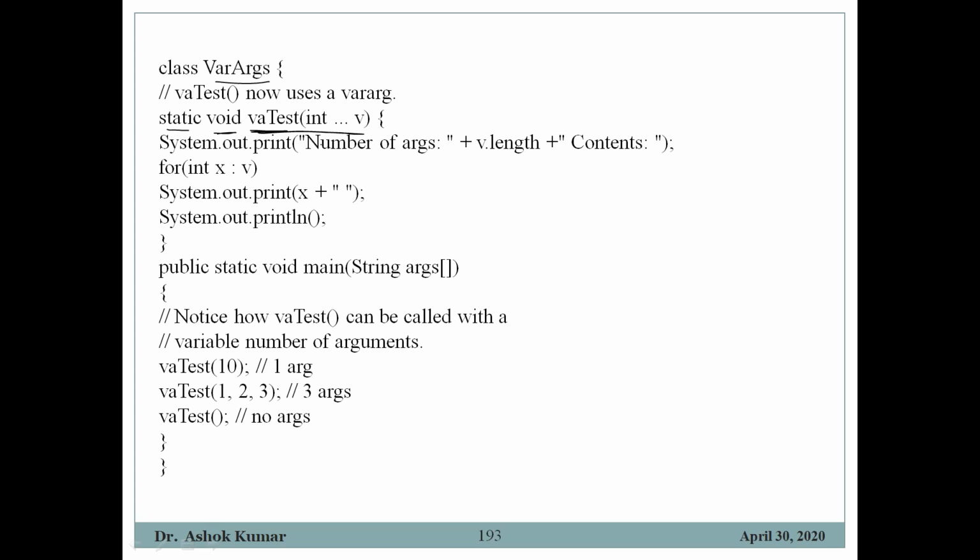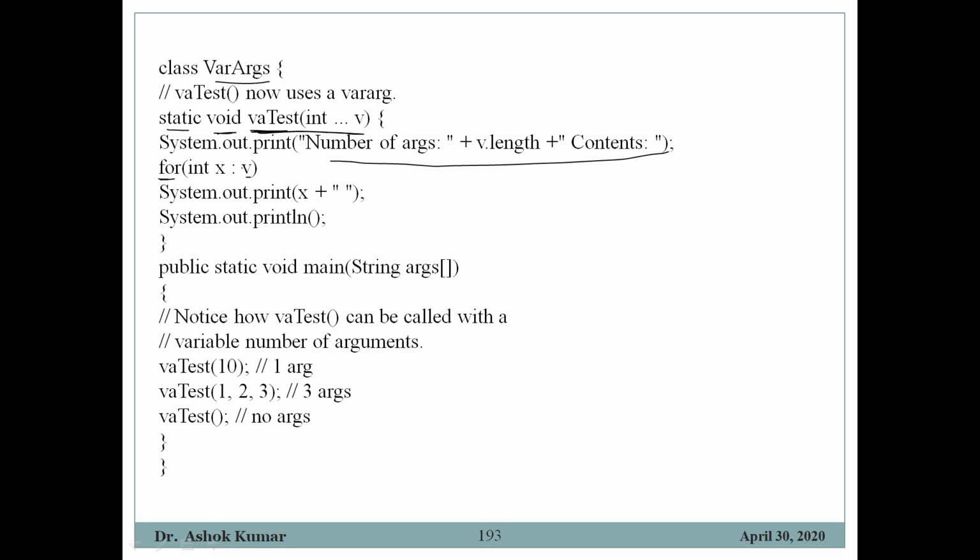In this method, we first print the number of arguments that have been passed to it, and then with the for each loop we iterate through every element of array v and print the element.